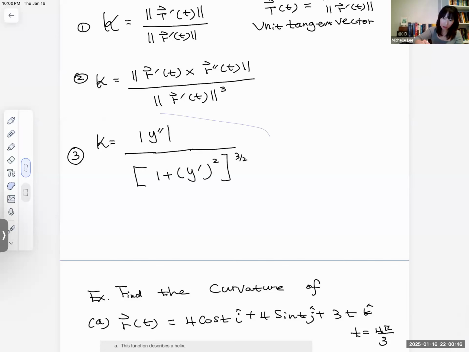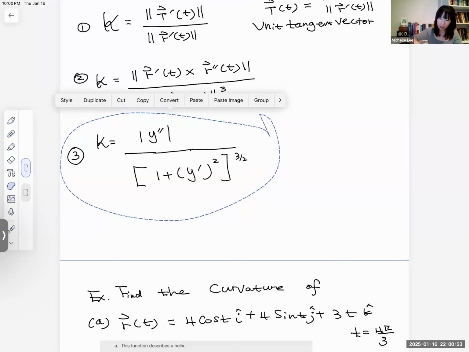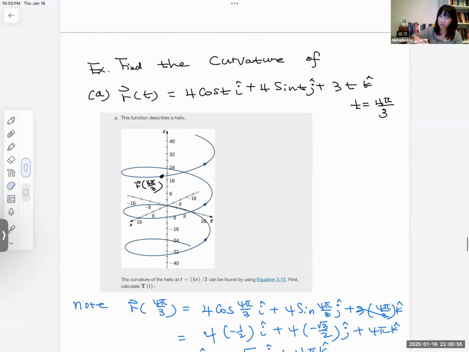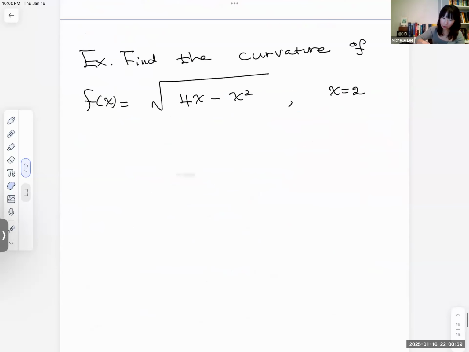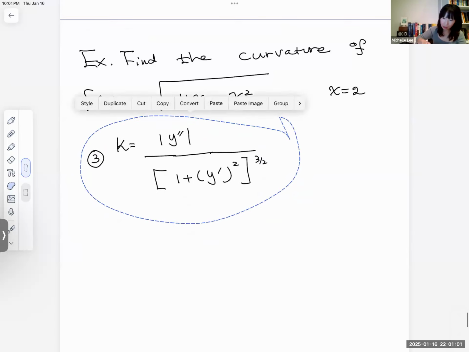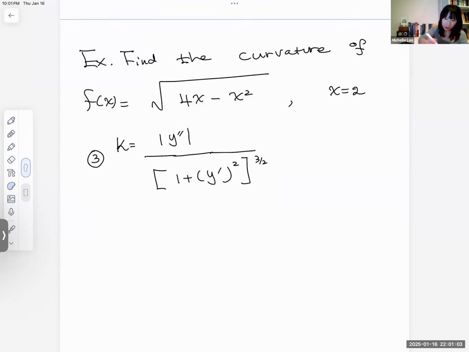We have an absolute value because we have a y. So let's say y equals the square root of 4x minus x squared.